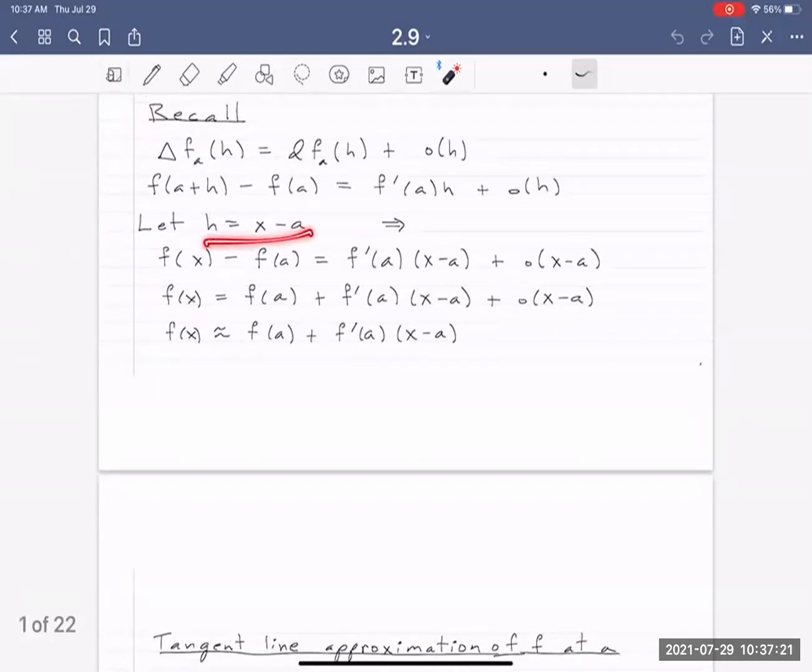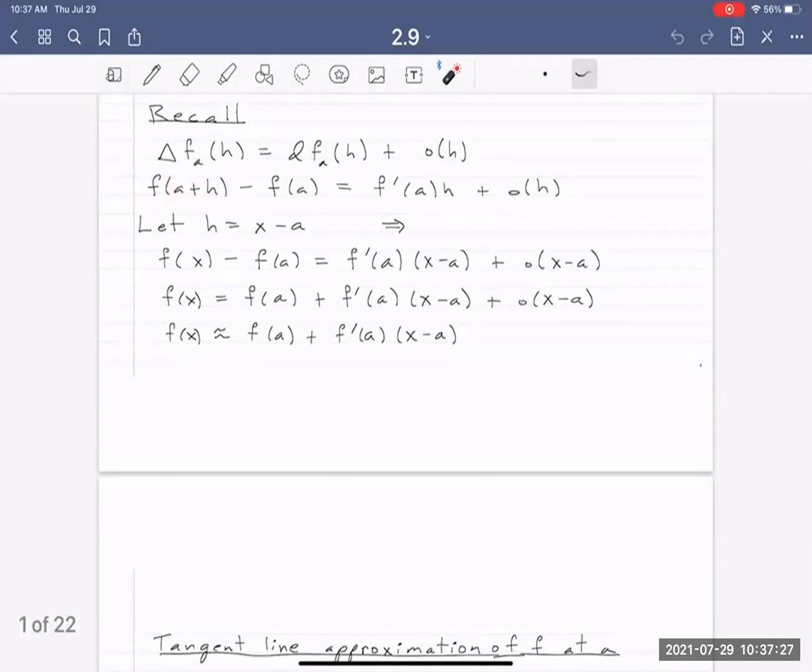So let h equal x minus a. Then I can rewrite a plus h. Well, the a's cancel, so this just becomes x.